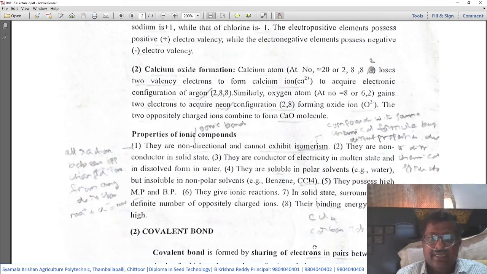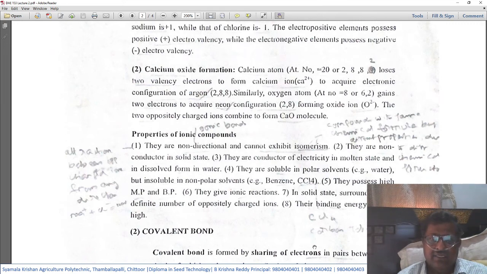They are conductors of electricity in molten state and in dissolved form in water. However, when these are melted and in a molten state, or dissolved in water, then they will start conducting electricity. Next comes the fourth property.